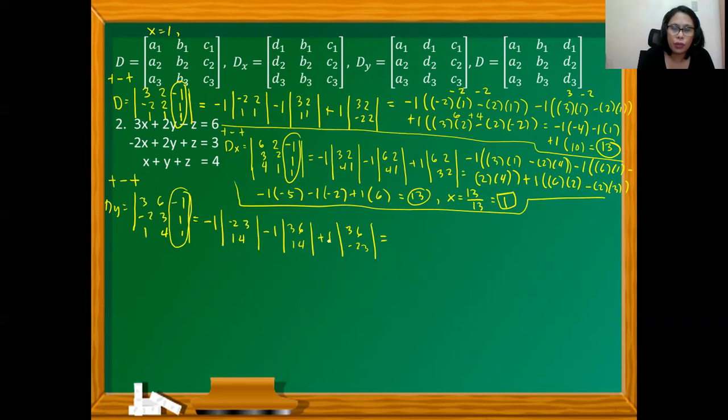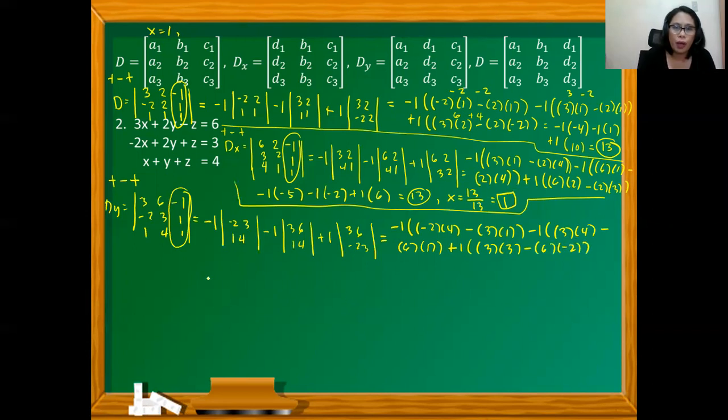So this is now equal to negative 1 quantity negative 2 times 4 minus 3 times 1. And then minus 1 quantity 3 times 4 minus the product of 6 and 1. And then plus 1 quantity 3 times 3 minus the product of 6 and negative 2.